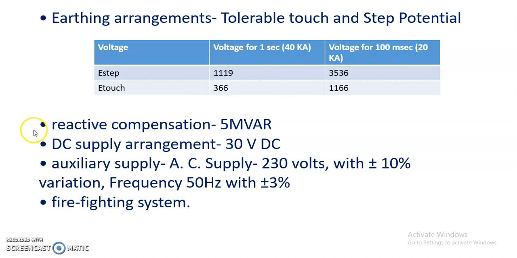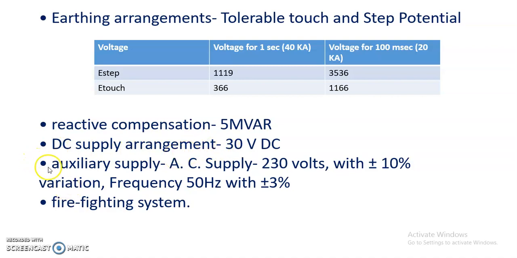So the next component is reactive compensation. We can use a 5 MVAr capacitor bank in order to compensate the reactive power. Then next is the DC supply arrangement. So we can use 30 volt DC supply in order to supply the auxiliary.